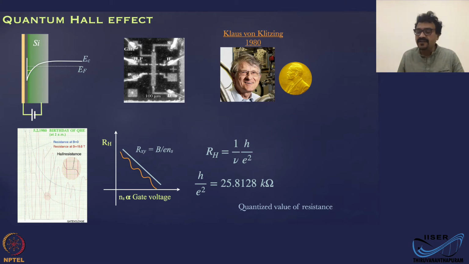The quantum Hall effect was discovered by Klaus von Klitzing in 1980, which earned him the Nobel Prize. This is an extract from von Klitzing's lab notebook, which is the birth of the quantum Hall effect.